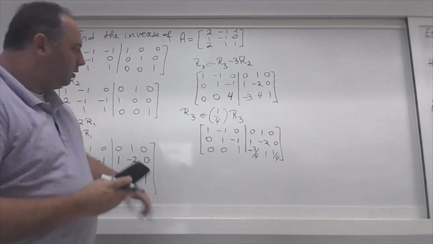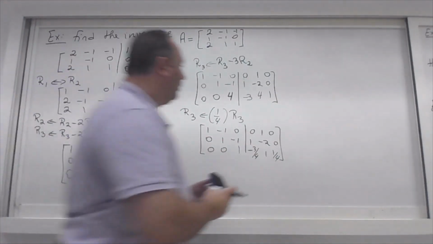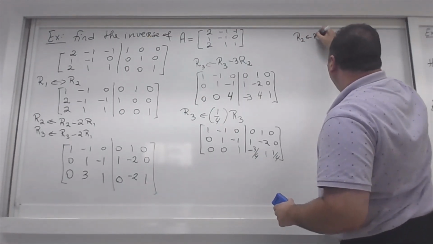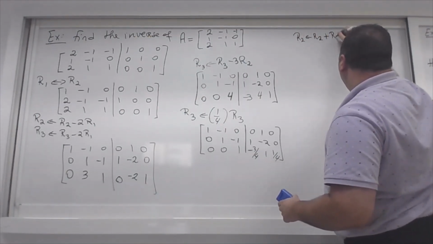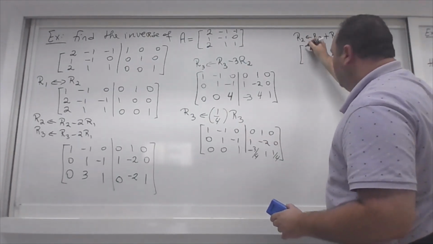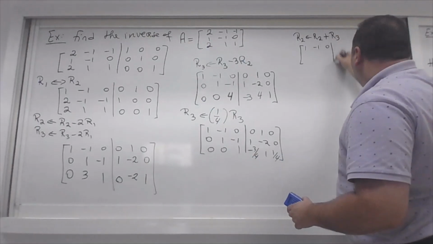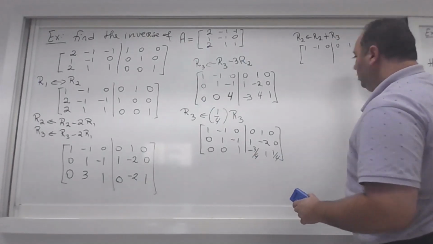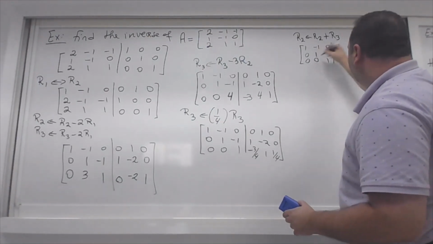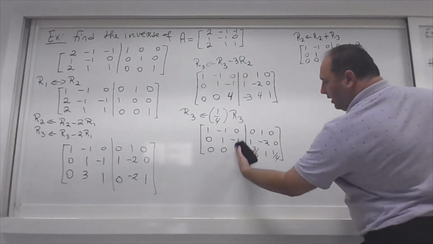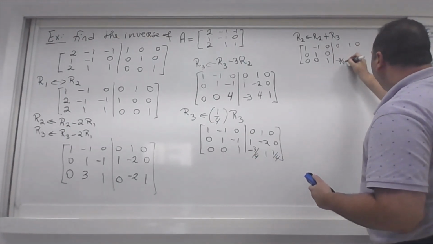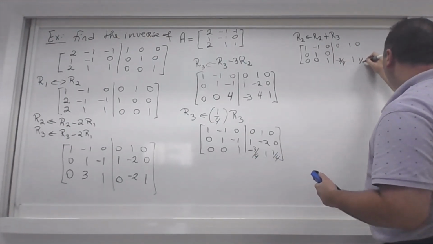Now my goal is to kill this guy here. So what I do is replace row 2 by row 2 plus row 3. That will take care of this guy. So if I add them, I get 0 here, negative 3 over 4, 1 over 4.